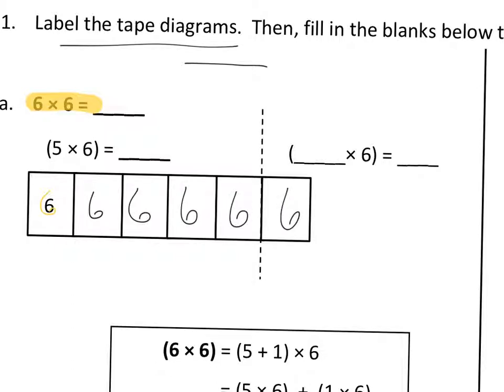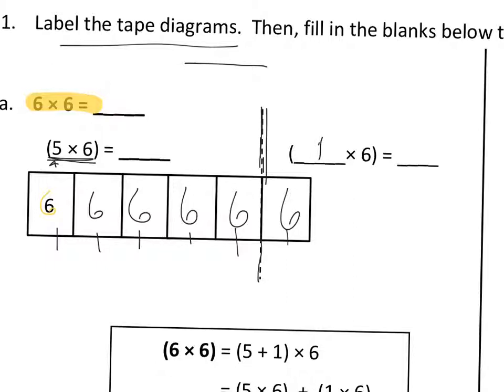You notice this little dividing line. This is cutting it off. So that gives us 5 times 6, because you can see there's 5 sixes here. Count with me: 1, 2, 3, 4, 5. So there's 5 groups of 6, or 5 times 6, and over here there's just 1. That's 1 times 6.